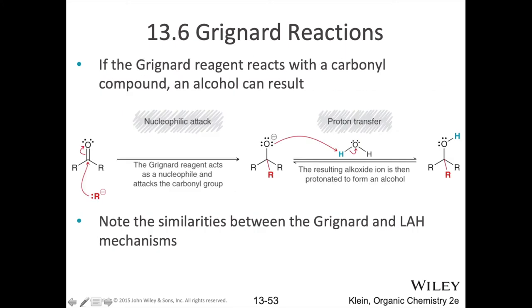And here's the mechanism again. Instead of your hydride ion attacking, we have our carbanion attacking our carbonyl carbon, and it follows a similar mechanism. We have a negative formal charge on this oxygen, which then does a proton transfer and produces the alcohol that we're looking for.